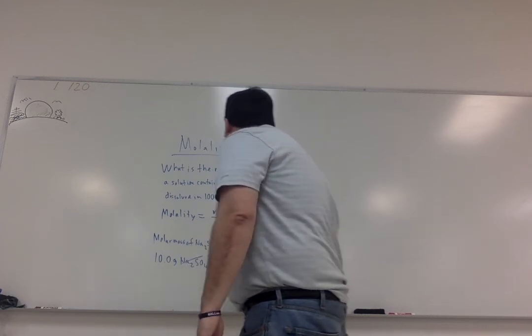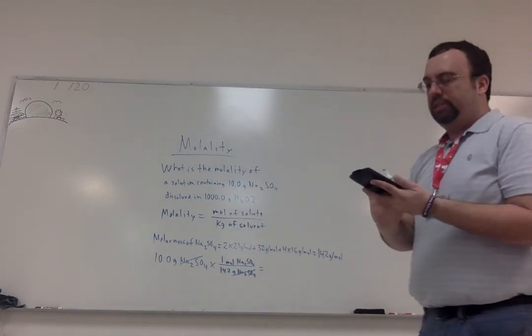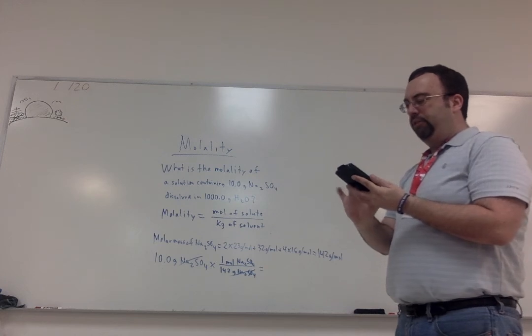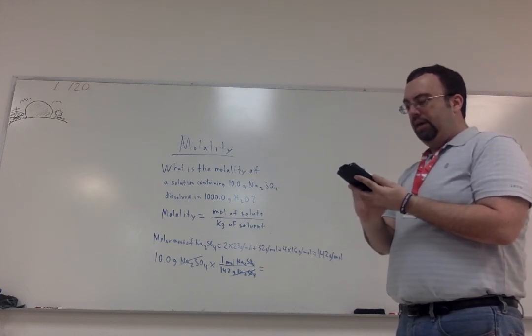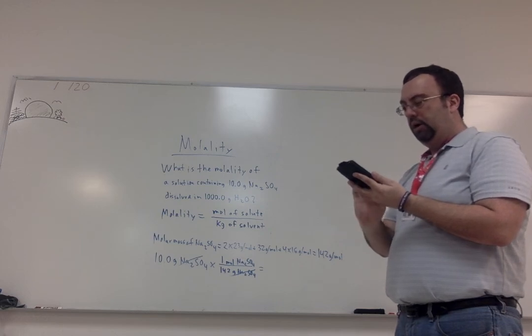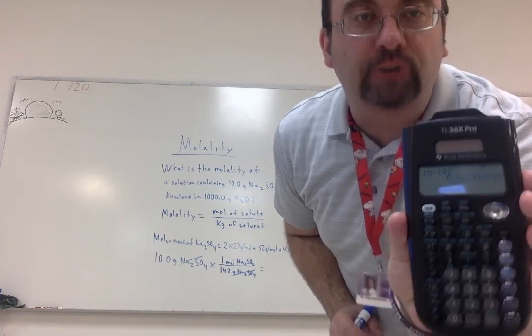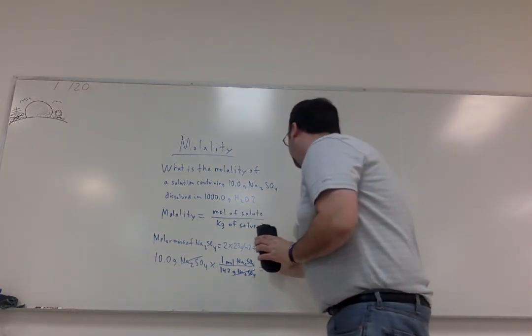Units cancel out. To calculate the moles of the solute, we're going to take 10 and divide that by 142. And so when we do that, we end up getting roughly 0.07 mole of the sodium sulfate.